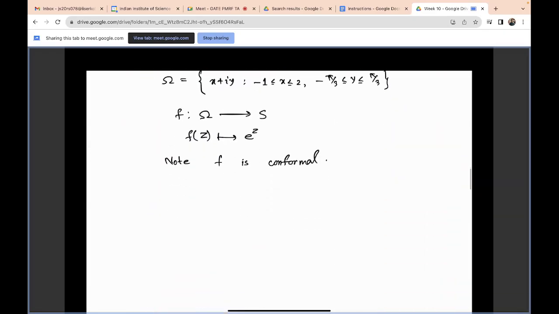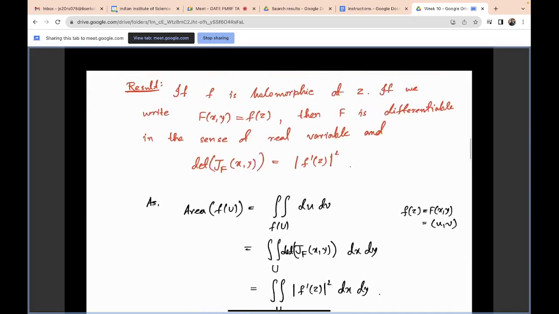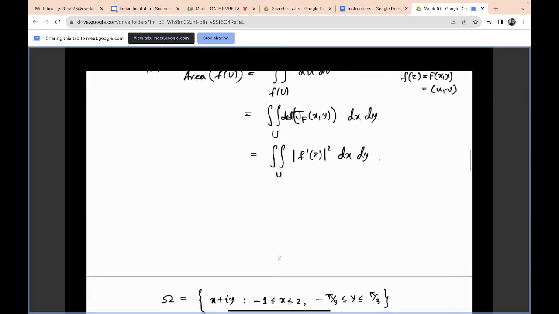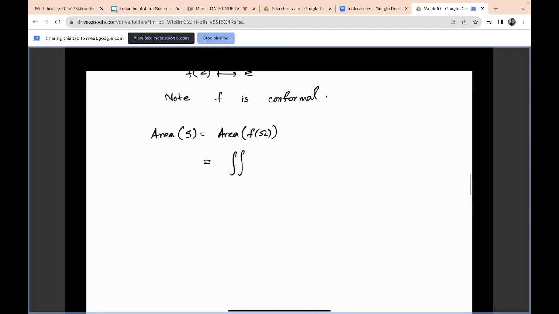So therefore the area of S, which is the same as the area of f(omega), is given by a double integral by this formula. If you view it as a real variable function, then it will be over omega, the Jacobian determinant of capital F(x, y) times dx dy.